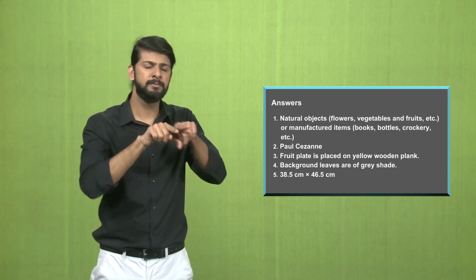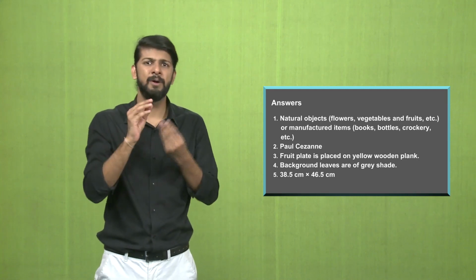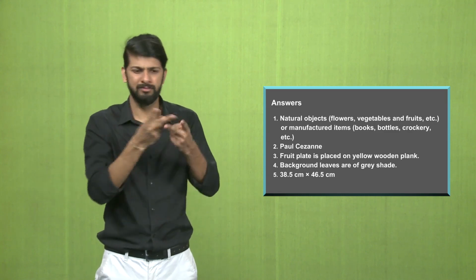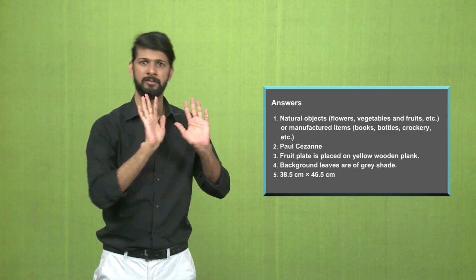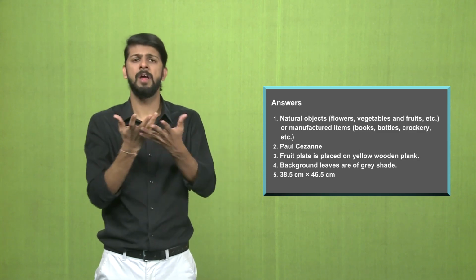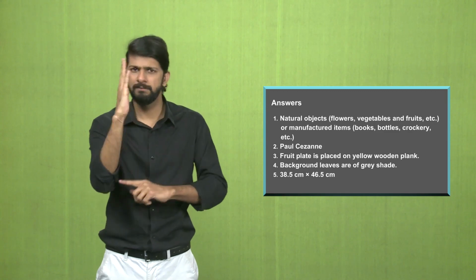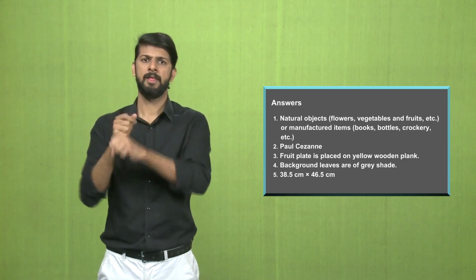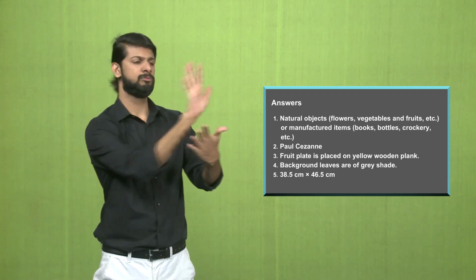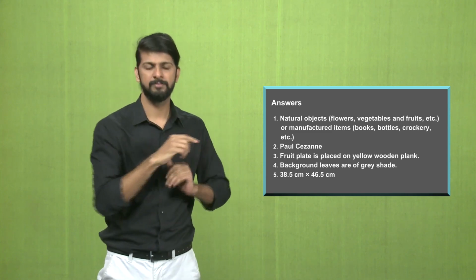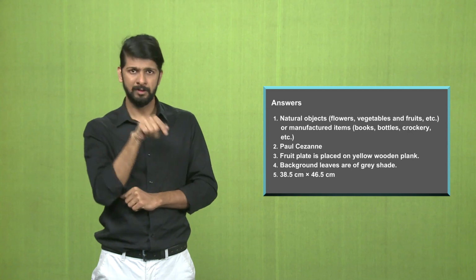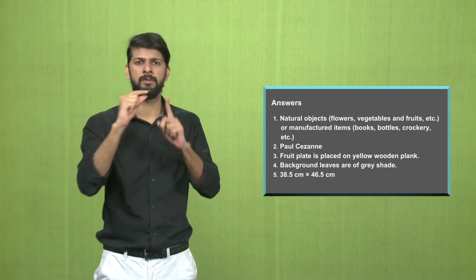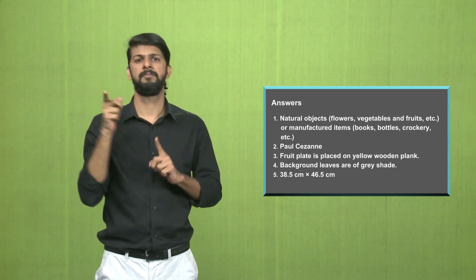Answers. First answer, natural objects like flowers, vegetables, fruits, etc. or manufactured items like books, bottles, crockery, etc. can be used for still life painting. Answer number 2. One of the most famous artists of still life is Paul Cézanne.